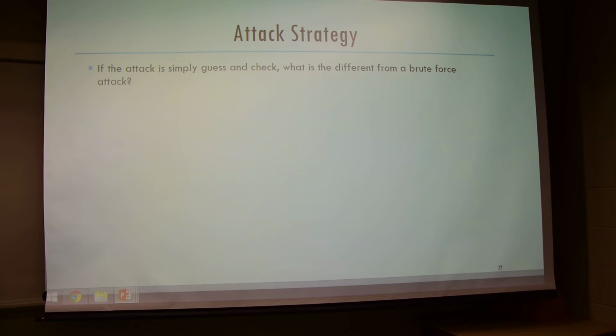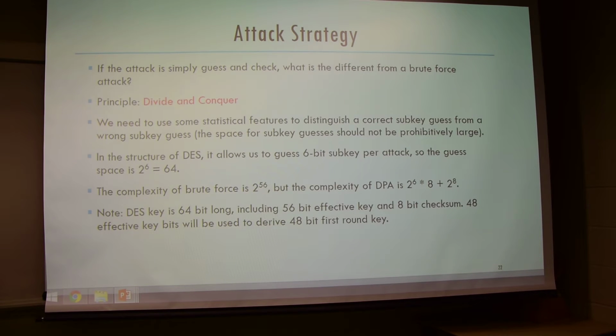So if the attack is simply a guess and a check, what's the difference from a brute force attack, right? So the principle is divide and conquer. We need to use some statistical features to distinguish a correct subkey guess from a wrong subkey guess.